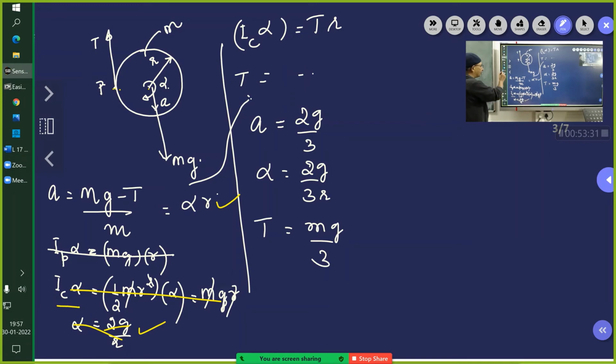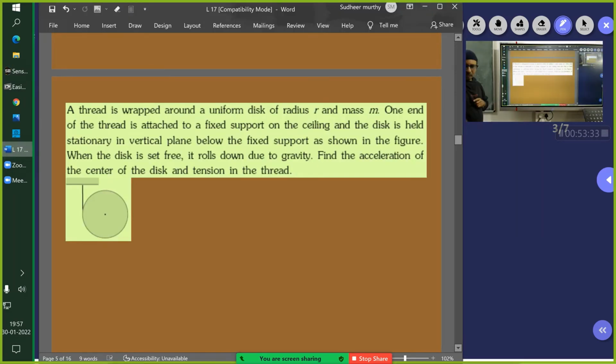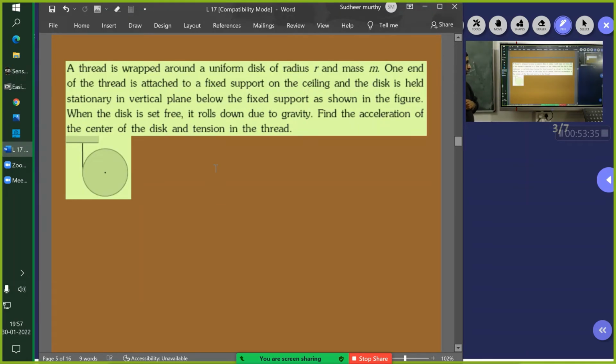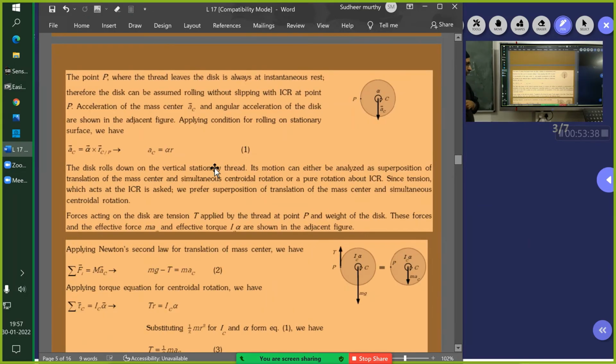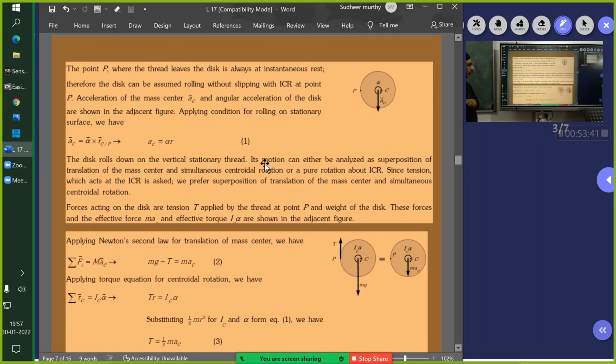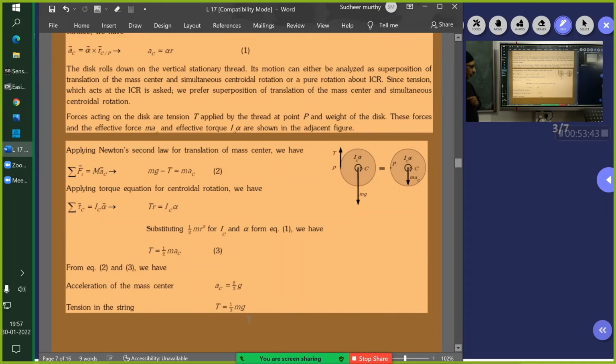So T is mg by 3, and A is equal to 2 by 3 g. Okay, fine, everything we got. Shall we proceed? Yes, sir.